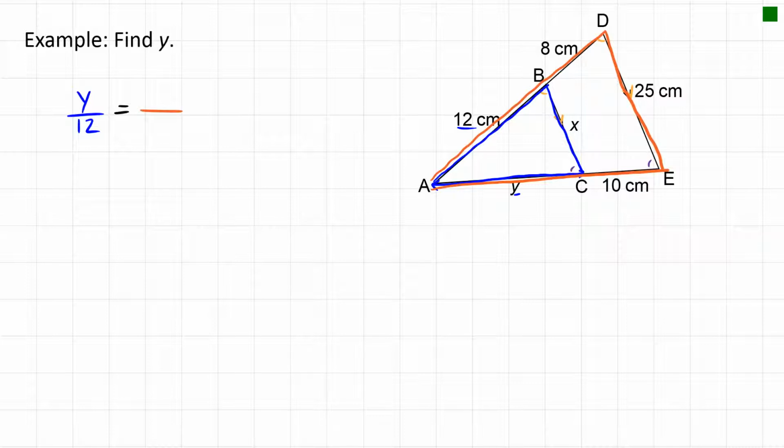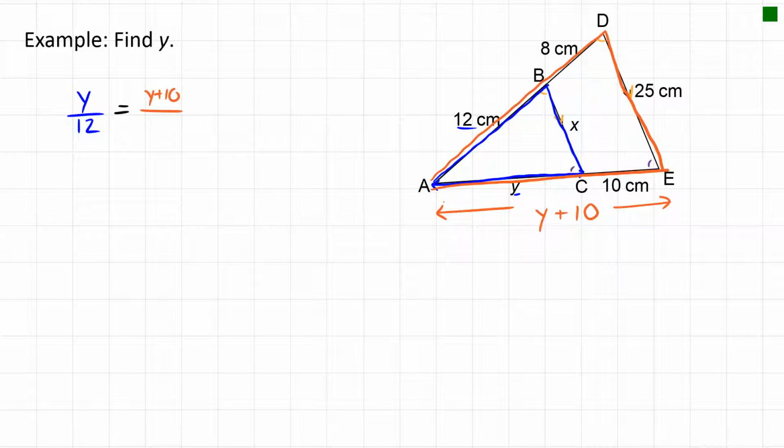The equivalent side in the larger triangle for y is actually this whole side length here, which we don't know. It goes from A all the way to E. The only way I can write this is by including y. The whole length is y plus 10. So in the top of my fraction, I'll have to write y plus 10.